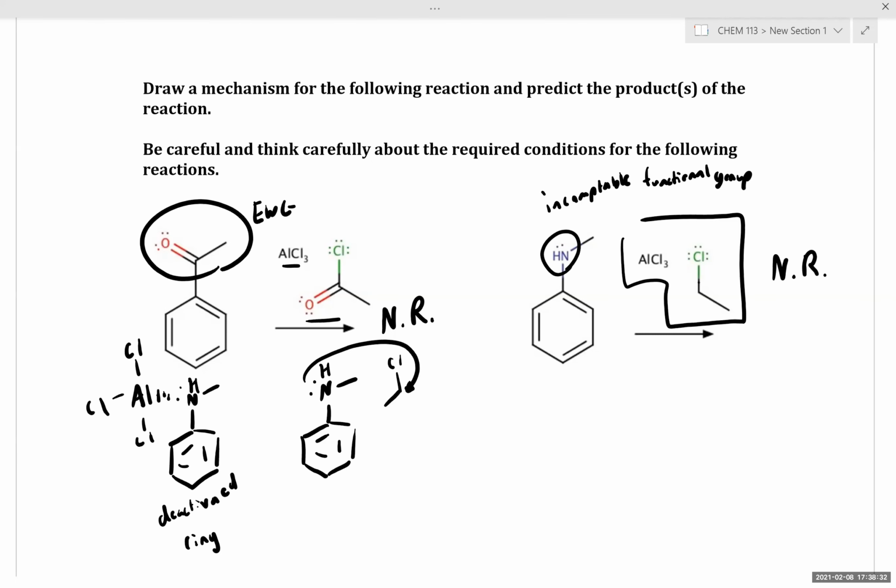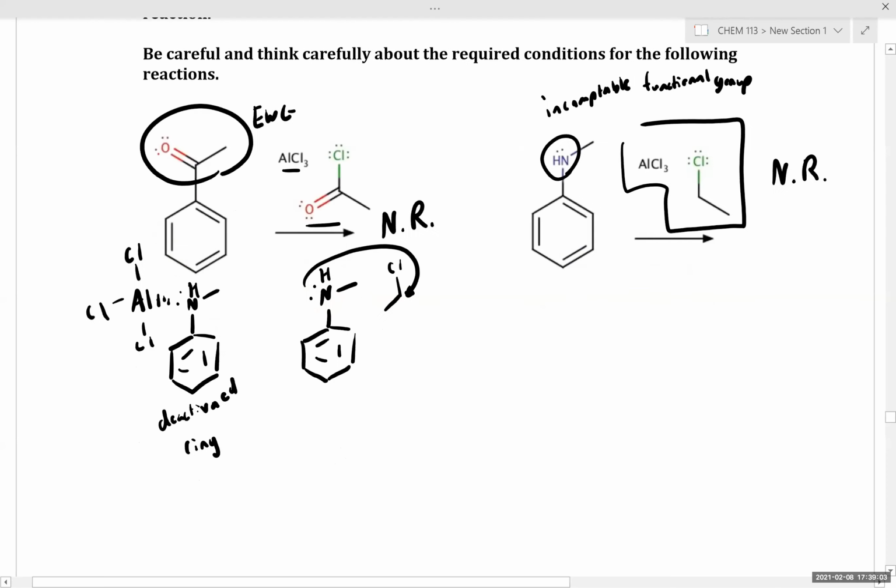And it's always important when you look at a reaction condition to consider whether the ring is activated or deactivated, and what the consequences are of having this functional group in your molecule under these reaction conditions. Does this idea make sense? Okay, perfect.